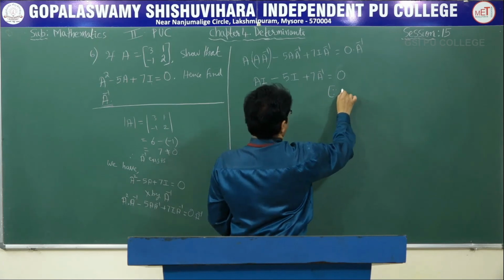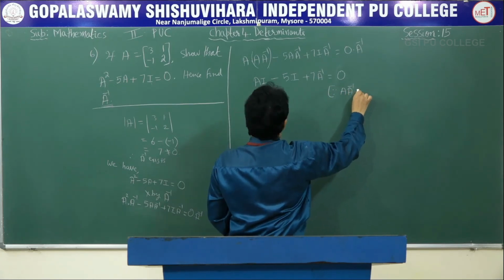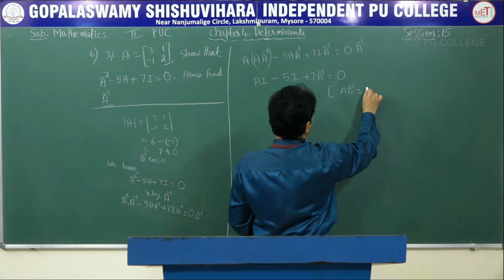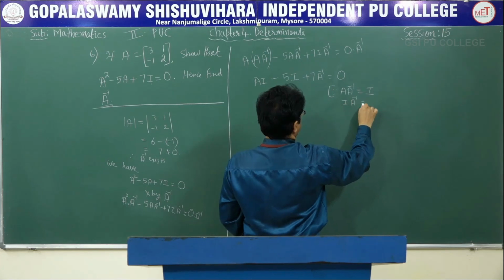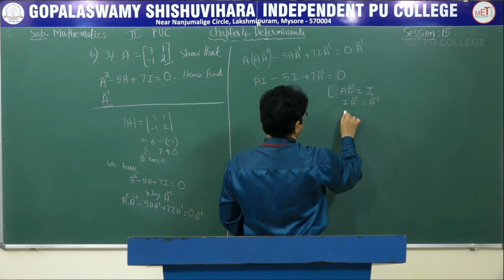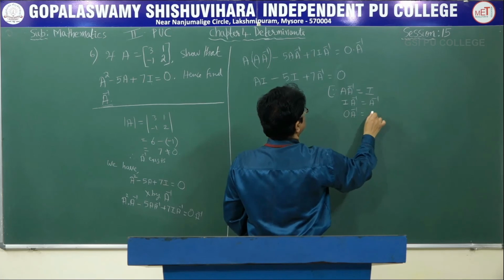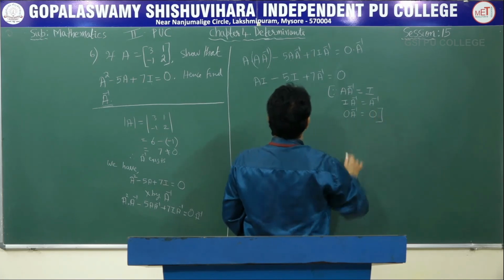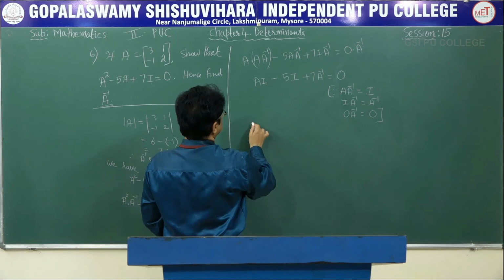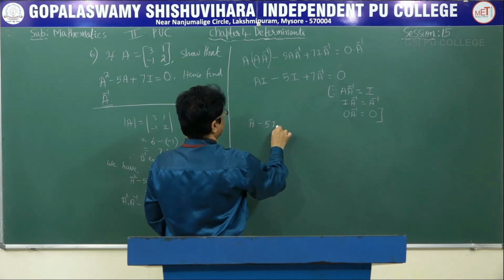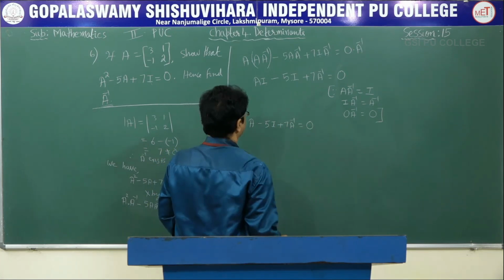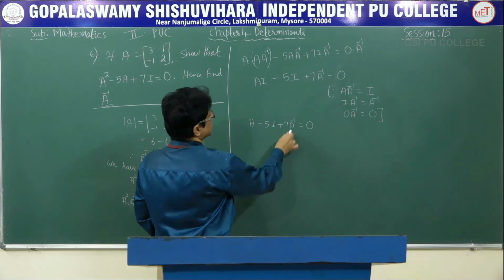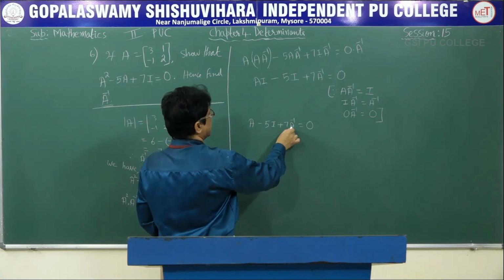This is because A into A inverse is equal to I, I into A inverse is equal to A inverse, and null matrix into A inverse is equal to null matrix. A into I is A minus 5I plus 7A inverse is equal to null matrix. So our aim is to find A inverse.